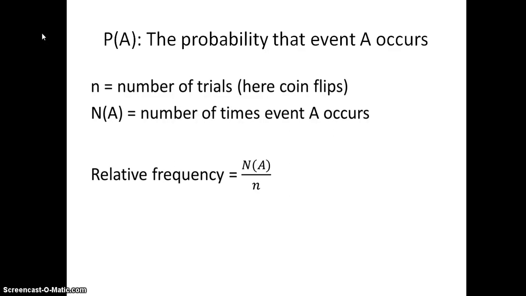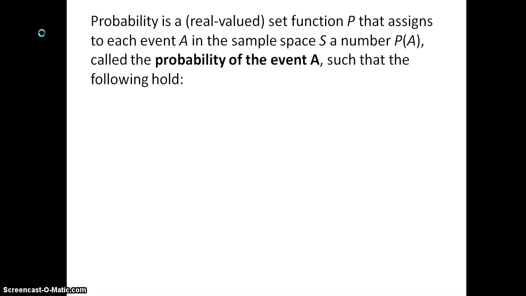And if we want to define that more formally, mathematically speaking, probability is a real valued set function P that assigns to each event A in the sample space S a number, which we call P of A, which is the probability of event A, such that the following hold.